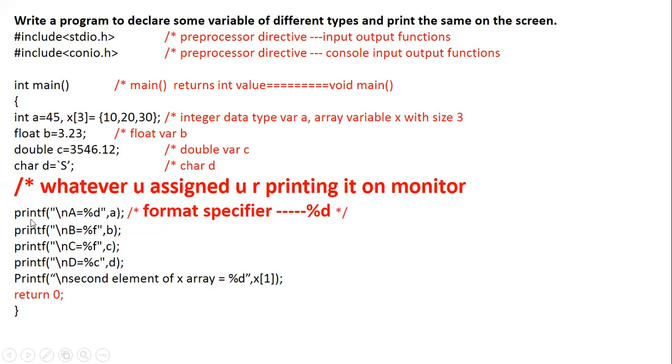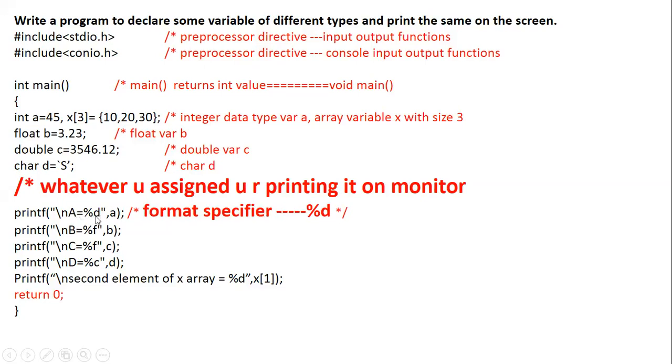So you are printing here printf, double quote, backslash n, a is equal to percentage d. As I already told you, you need format specifiers for input and output. Now we are outputting the contents of the variable, so you have the percentage d format specifier.